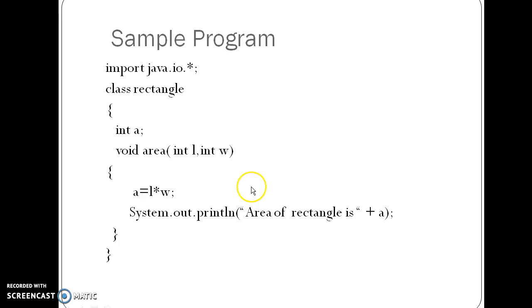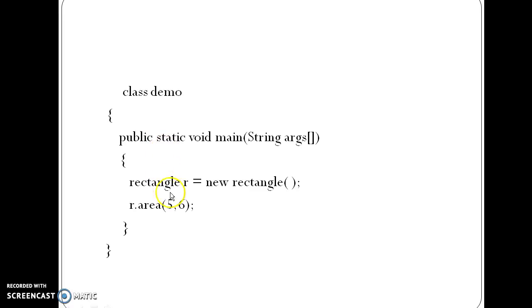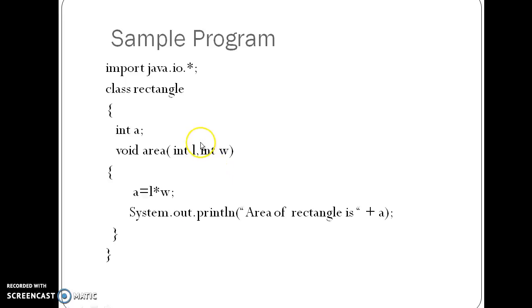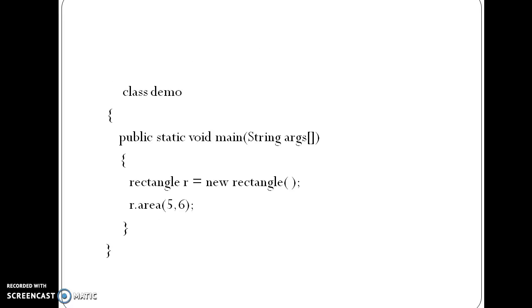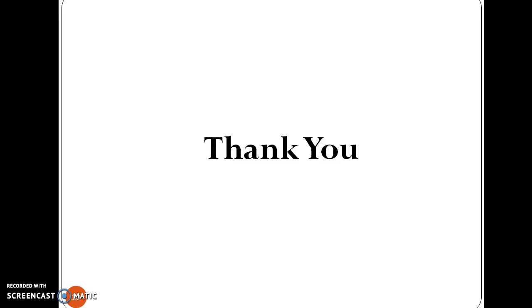As Rectangle has the area method, we are calling it by using r.area, and as that method has two parameters, here we are passing two values, 5 and 6. So this is the demonstration of a sample program on class and how to create objects. Thank you very much.